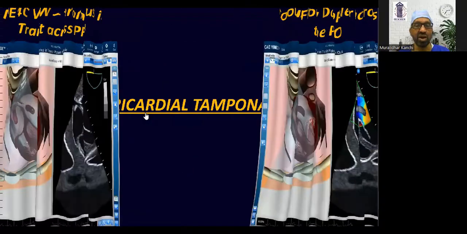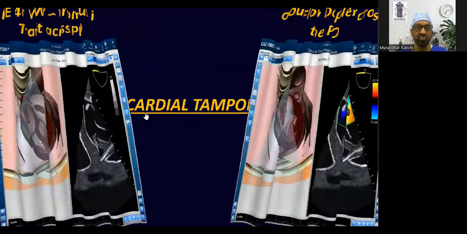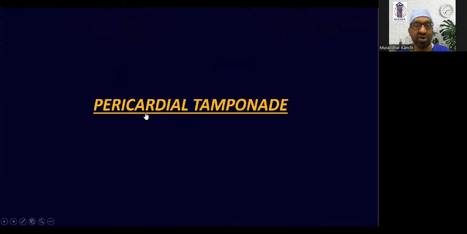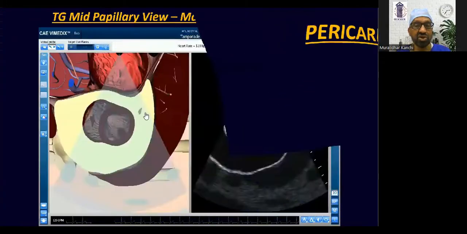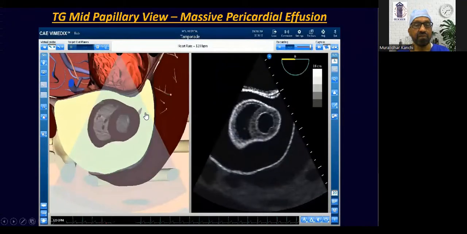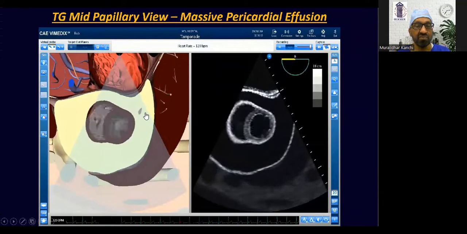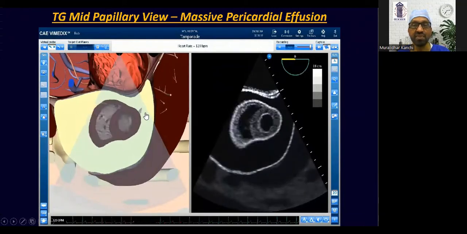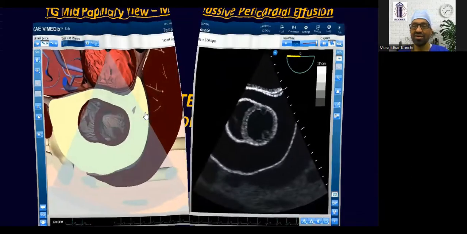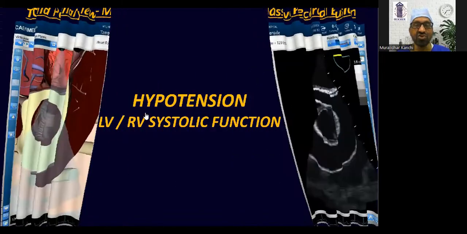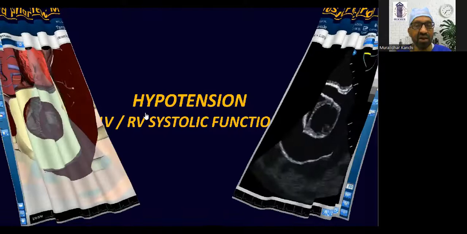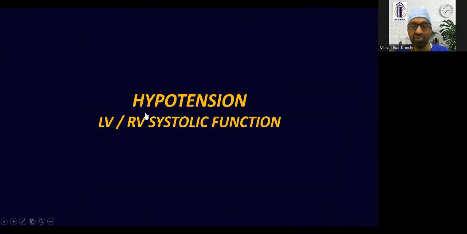The next case which we are going to show is a pericardial tamponade, where you can virtually see the heart swinging in a pool of blood. In patients with hypotension and shock, the cause can be easily depicted if you look at left ventricular contractility.